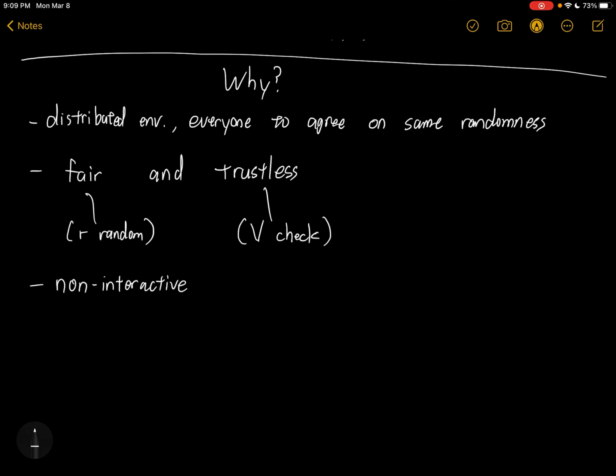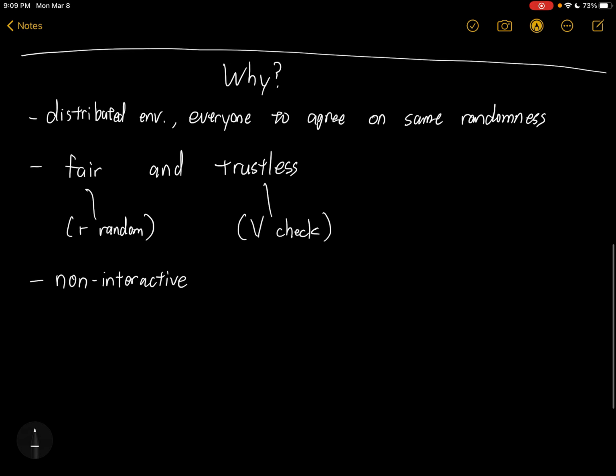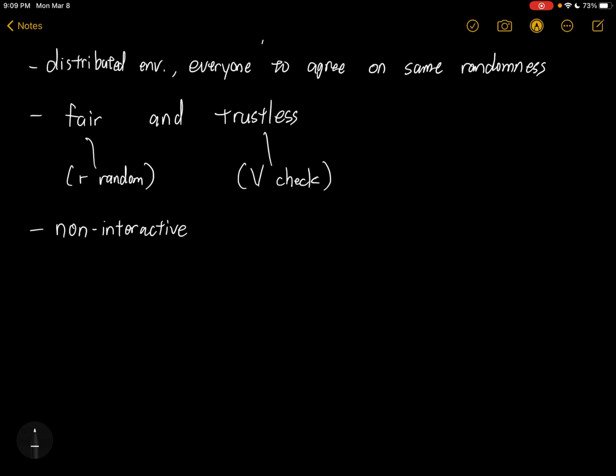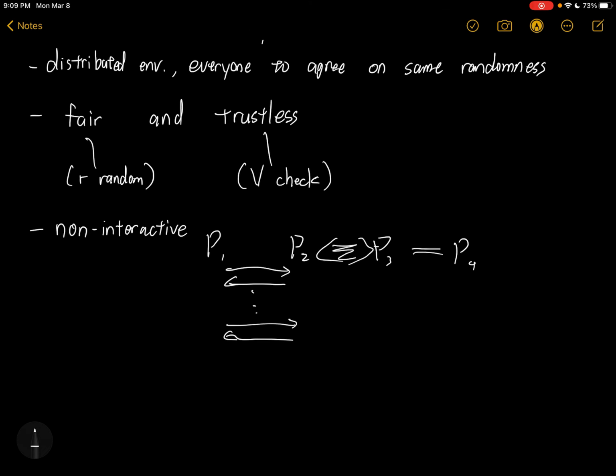The idea is previously, before verifiable random functions came along, in order to accomplish all this, let's say you had two parties, they would have to send messages back and forth in order to accomplish the above. And as you can imagine, if you had more parties in your system, they would all need to send messages back and forth to each other, and that can get pretty complicated pretty quickly.